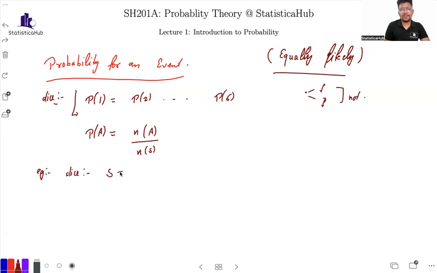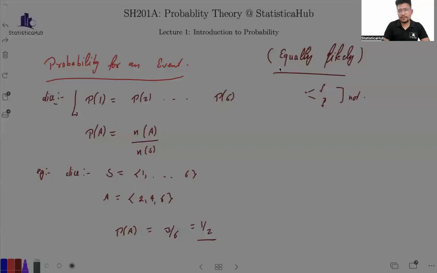The sample space S will be from 1 to 6. If I say event A is getting an even number, so 2, 4, 6, then the probability of event A will come out to be 3 over 6, which is 1 over 2. That's how we calculate the basic probability and how the rule of probability is applied.